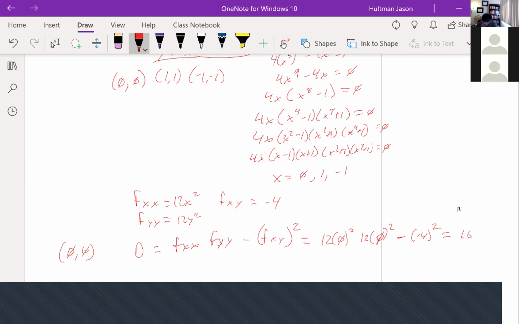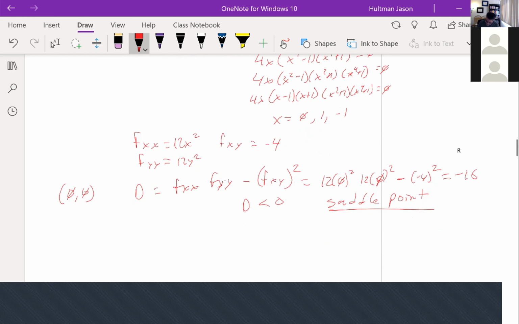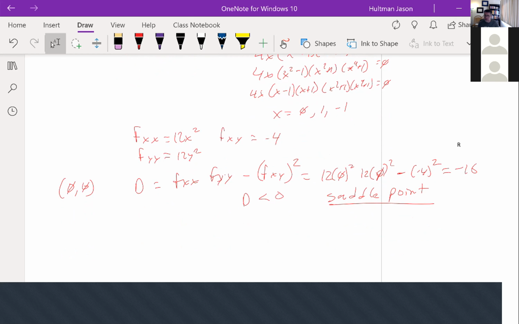It's a minus sign, sorry, I messed up on the minuses there. So this is minus 16. So D is less than 0, which tells me it's a saddle point. So that's a saddle point at 0, 0.